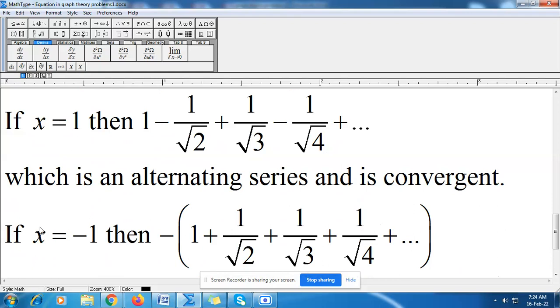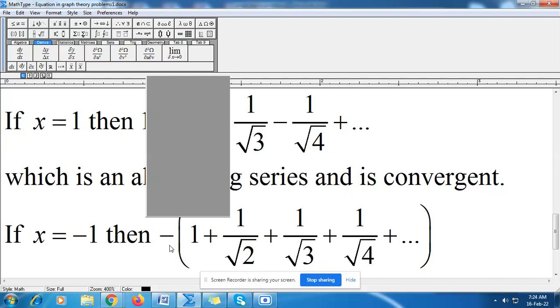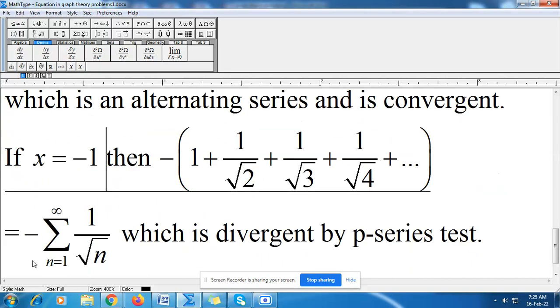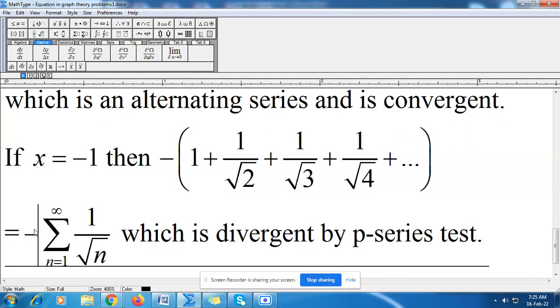The other case is if x equal to minus 1, then we have minus of 1 plus 1 by root 2 plus 1 by root 3 plus 1 by root 4 plus and so on. This can be written as sigma n running from 1 to infinity of 1 by root n with a minus coefficient, which is divergent by p series test.